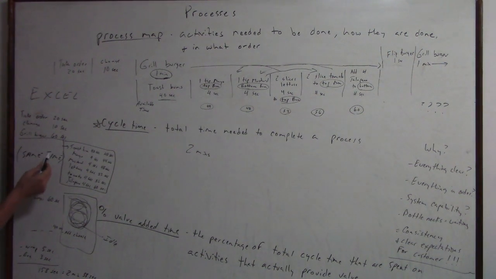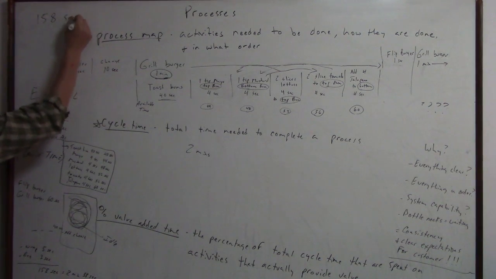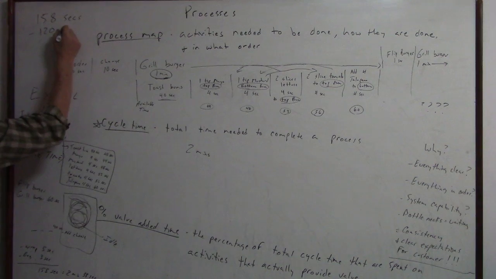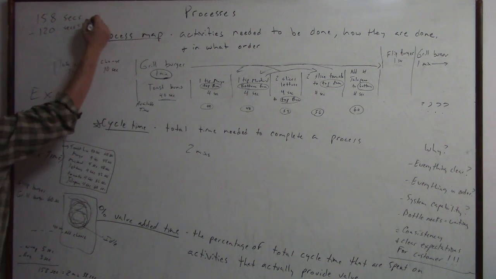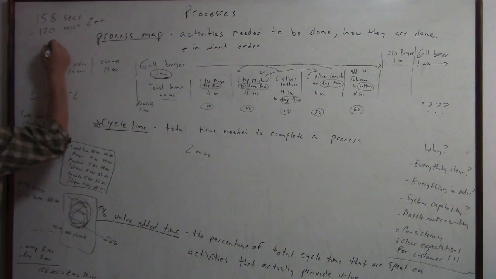But our total cycle time is now 60 plus 60 plus 5 plus 3 equals a total of 158 seconds. We subtract 120 seconds because that equals 2 minutes, and then we still have 38 seconds.